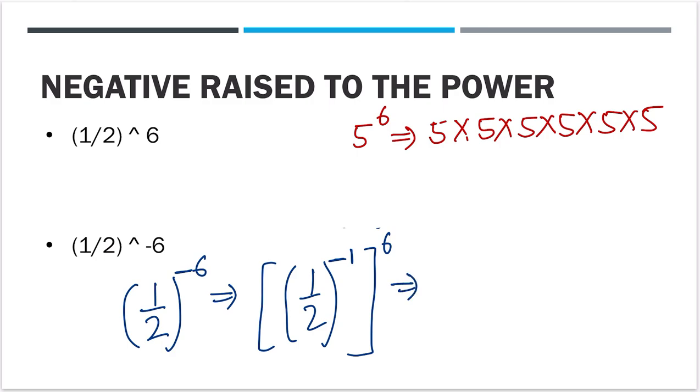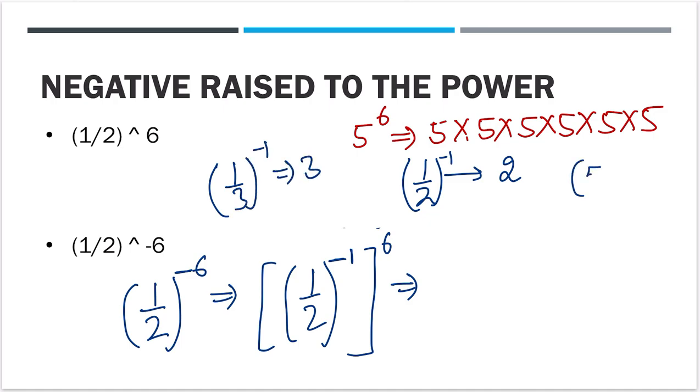So what does the power minus 1 do? It makes the number a reciprocal. So 1 by 2 raised to power minus 1 will make it 2. 1 by 3 raised to power minus 1 will make it 3. And 5 raised to power minus 1 will make it 1 by 5. You understand? Whenever there is a power of minus 1, it just reciprocates it.